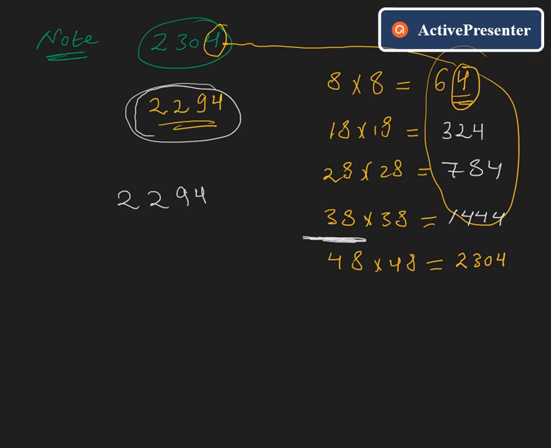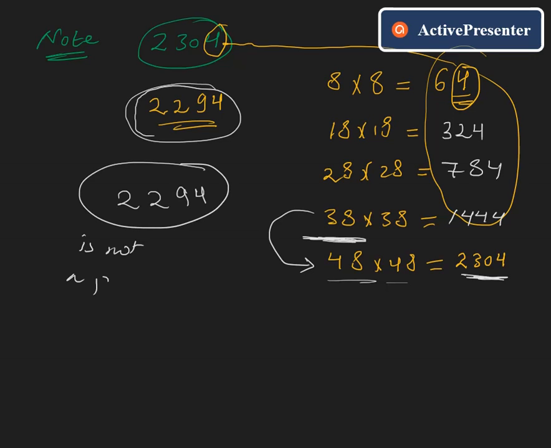Okay, so once you jump here to this number, which is 2304, this means 2294 is not a perfect square. Let me give you another example to be more clear about this.